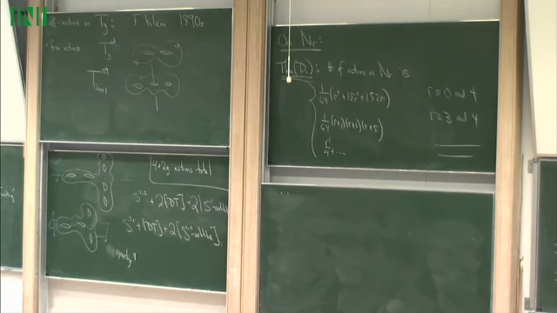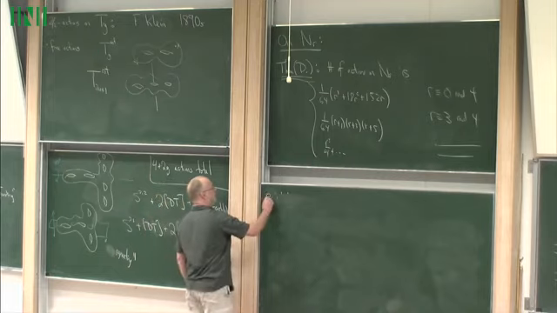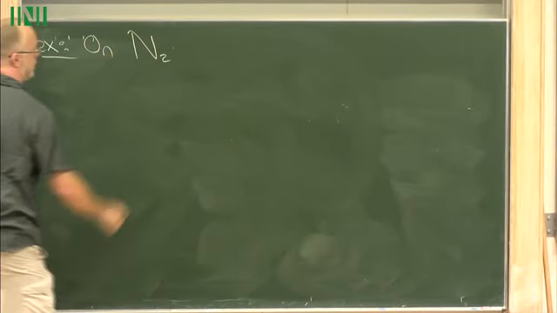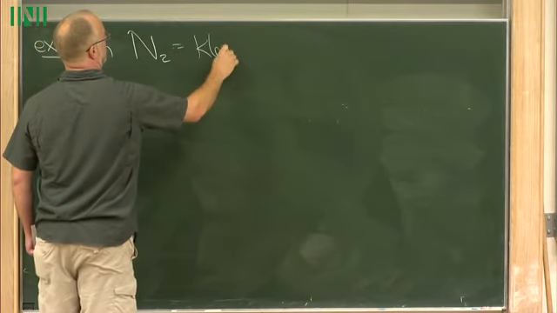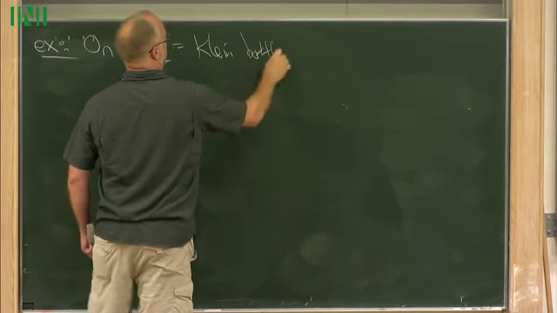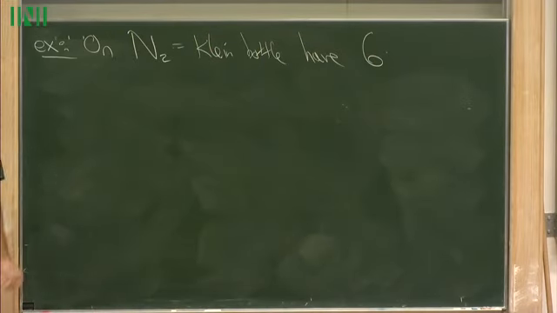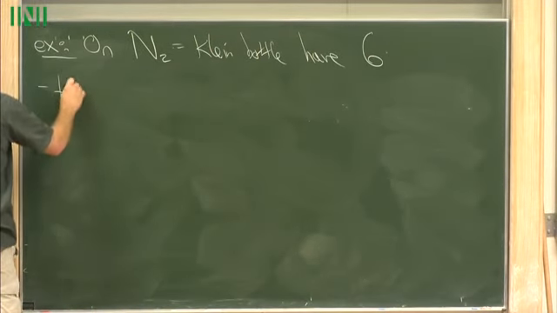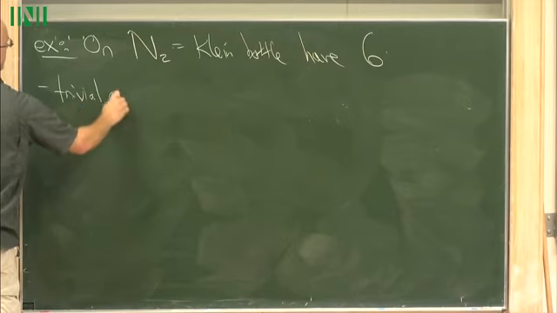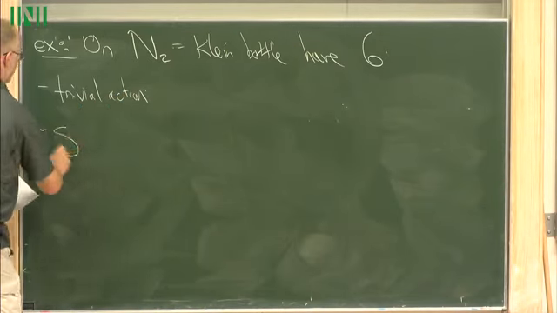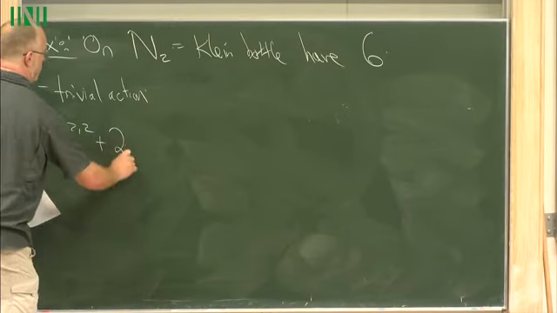Okay, I think I need my cheat sheet again for this example. On N2, which is the Klein bottle, you have 6. You have the trivial action, which I'll mostly stop listing. That's always there. The others are S22 plus 2FM.